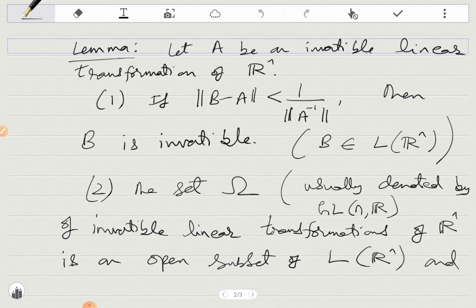For example, one quick way, which is not the way Rudin does it, is to work with square matrices. Then the invertible linear transformations would be those with determinant non-zero.